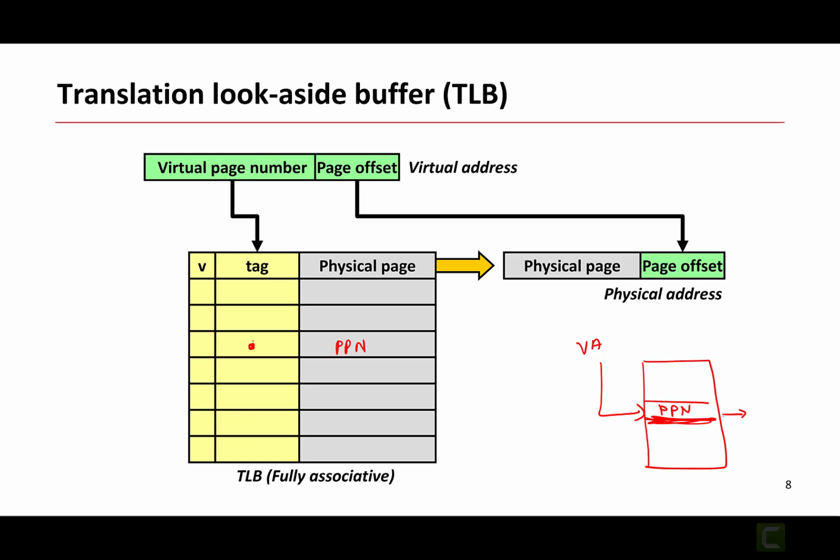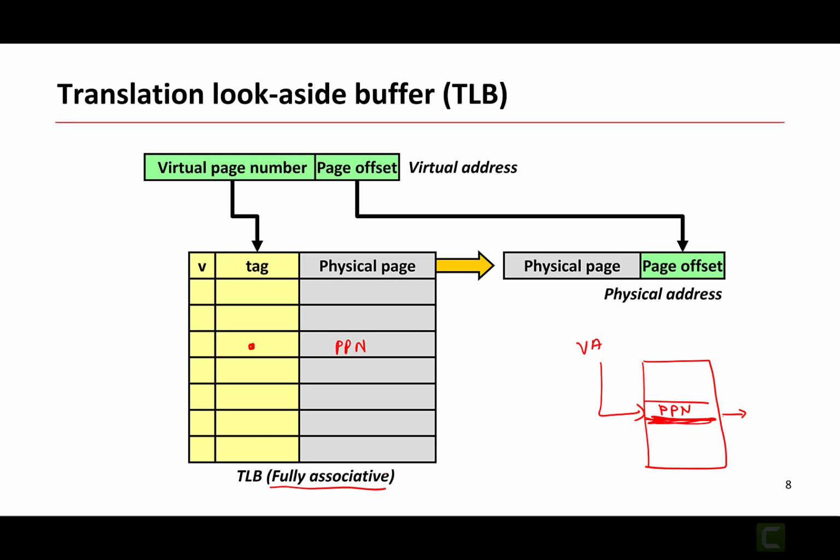In this case, I'm not really exploiting any type of spatial locality at all, because my cache block size, TLB block size, is effectively just one page table entry. And there is also one more thing which is true about the simple cache that we talked about at the beginning of the cache lectures, which is that this structure is typically fully associative.